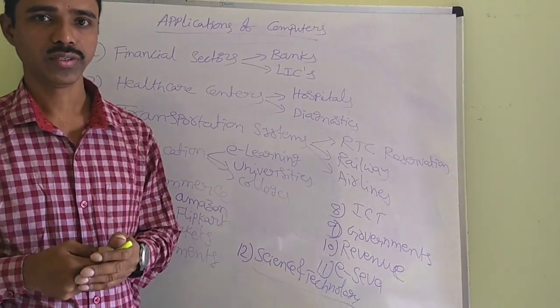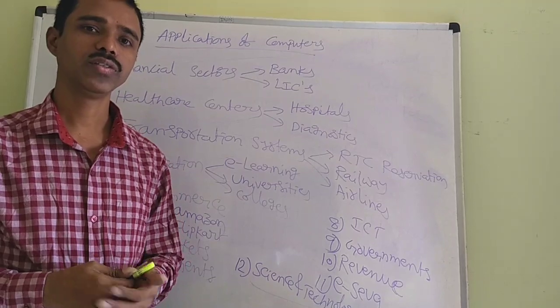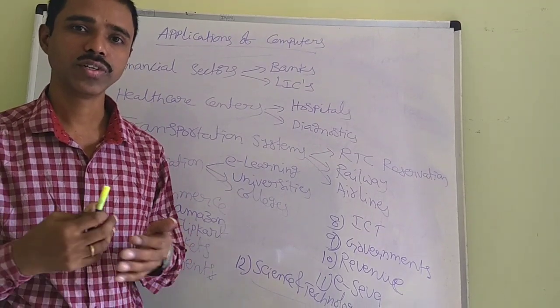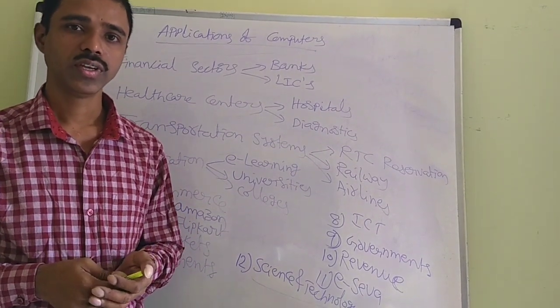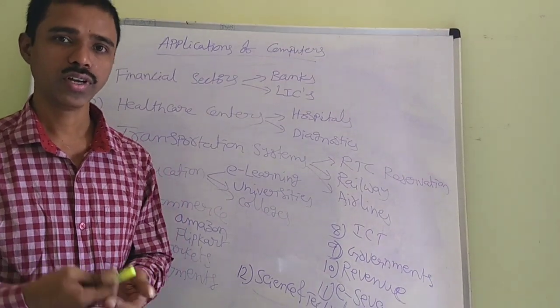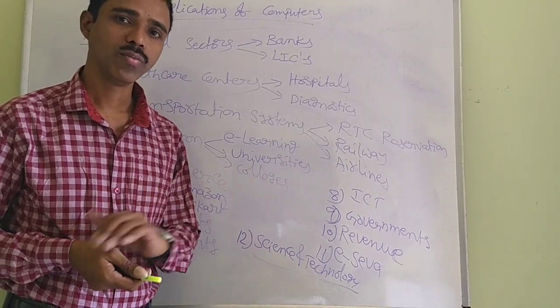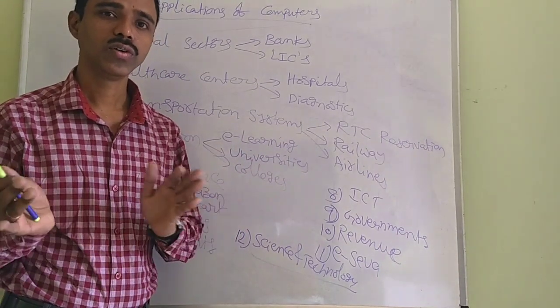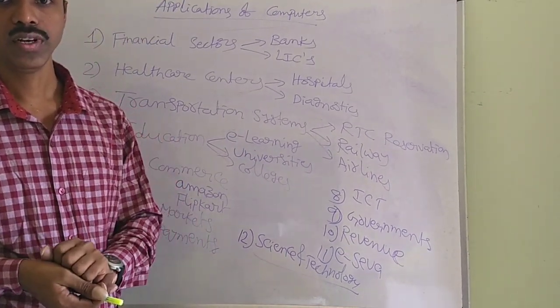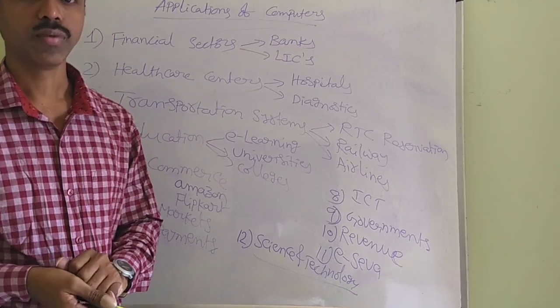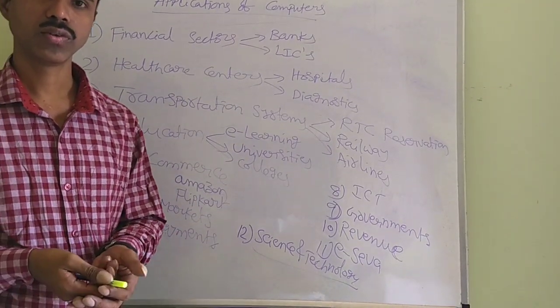Similarly, weather forecasting. The weather forecasting department is using the computers to reveal information about the temperature conditions and tsunami conditions, and they give early warnings. How are they giving them? Because they are using some computers. The computers fetch the information and they announce it to the people. They alert the people during tsunamis and all.